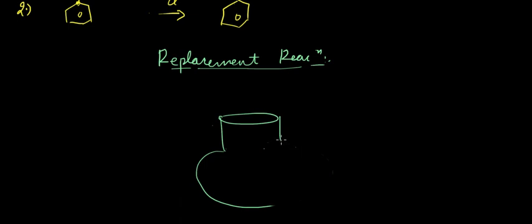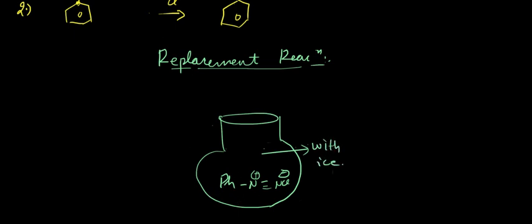We have something like this, and we have diazonium salt in it, and obviously we have ice cold water in a vessel with ice. Now suppose we pass KCl, and in presence of CuCl we'll get something like this.